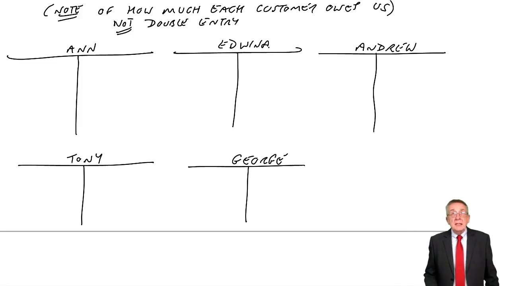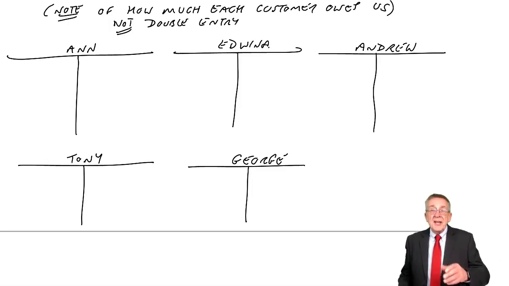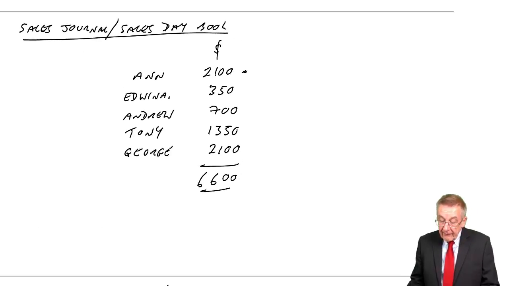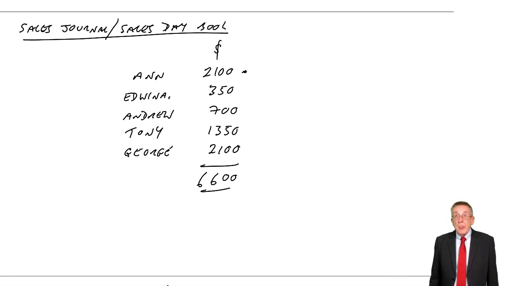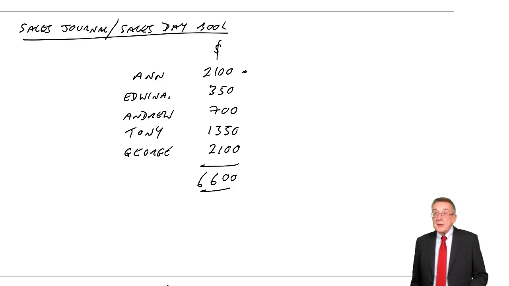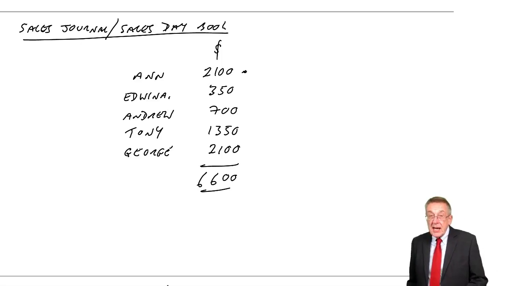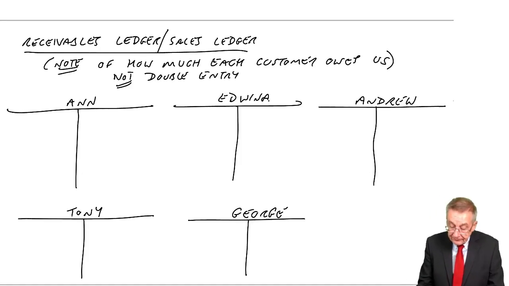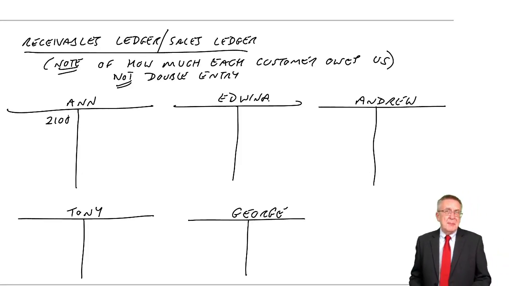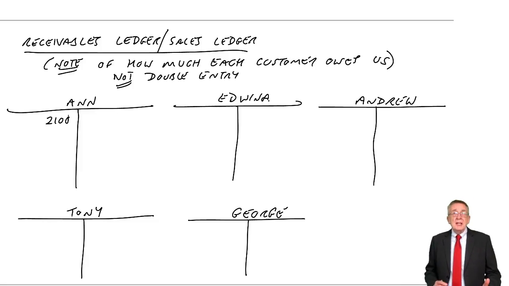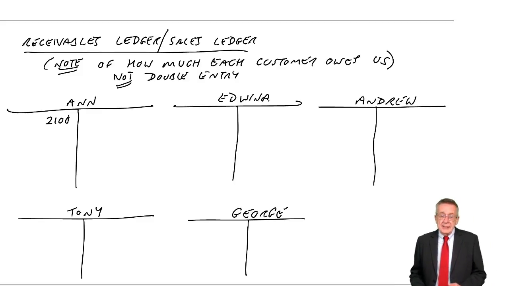And what happens is day by day, every time we sell on credit, we list it in the sales journal or sales day book, and at the same time we'll make a note in the receivables or the sales ledger. So we sold to Anne for 2,100. Make a note on Anne's page. And we'll put it on the debit side because that's normally where we put receivables. But it's not a real debit, and certainly there's no credit. Now, there's no rules about what you write against it.